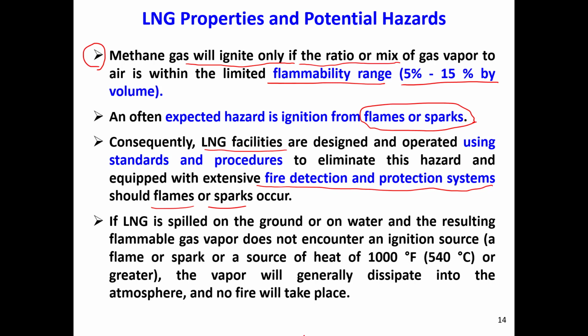Okay, if LNG is spilled on the ground or on the water, as I said, it can go to the gas phase and it can create the LNG vapor, okay? But this LNG vapor doesn't get ignited, it doesn't catch fire, except if there is a source of fire like a flame or a spark at a high temperature, let's say at a temperature of about 540 degrees C and above.